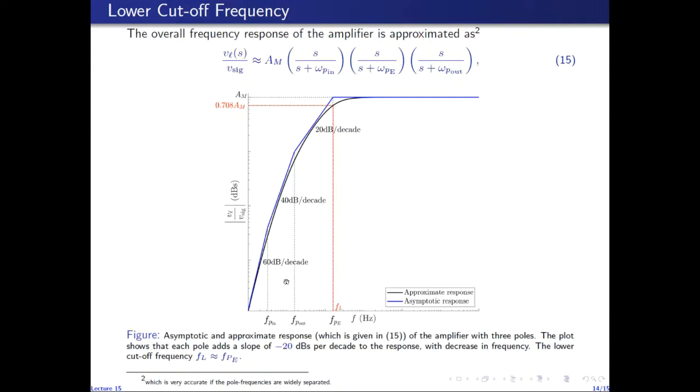Whenever we encounter a pole, we decrease the gain by introducing an additional slope of 20 dB per decade. As you can see, this asymptotic plot shown in blue follows very closely this approximate black curve, which is the plot of this overall frequency response of the amplifier.